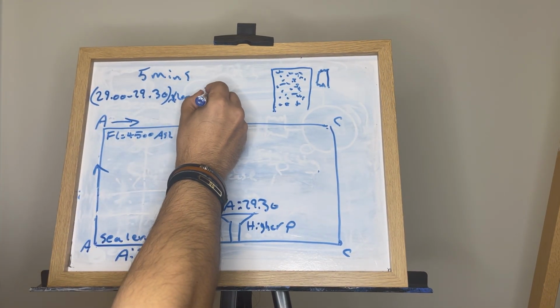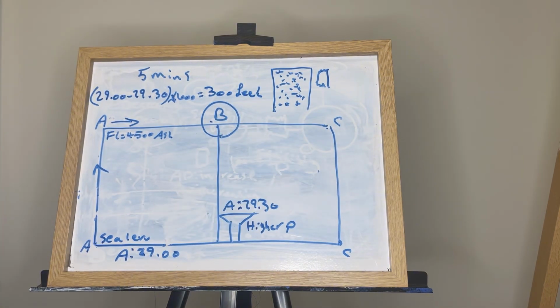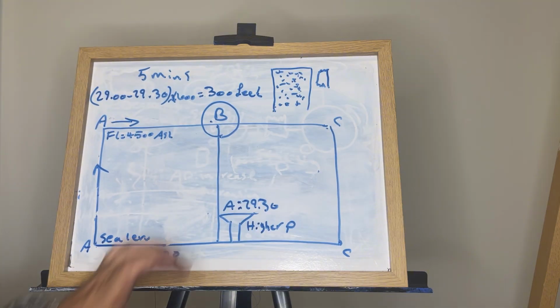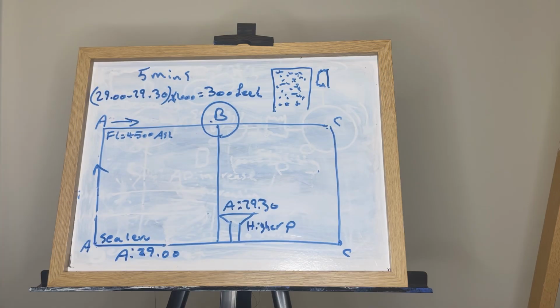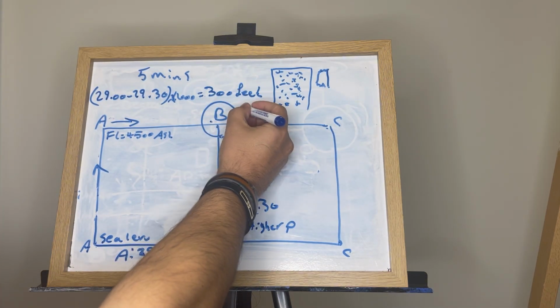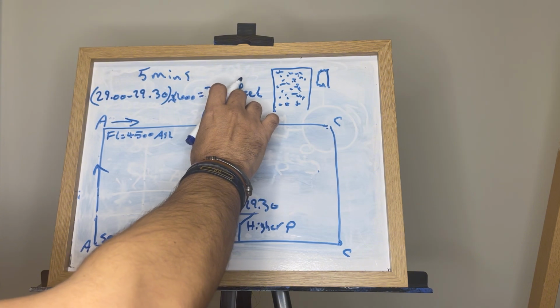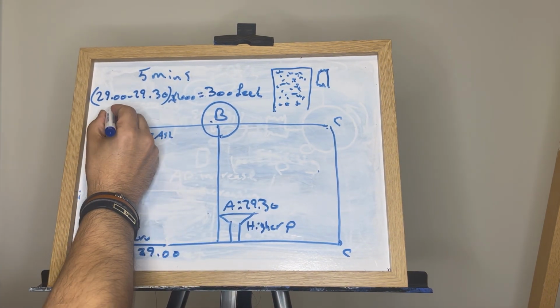So at this station, because we are in higher pressure, the altimeter shows a decrease. How much decreasing? 300 feet from the altimeter, or from flight level 4,500.